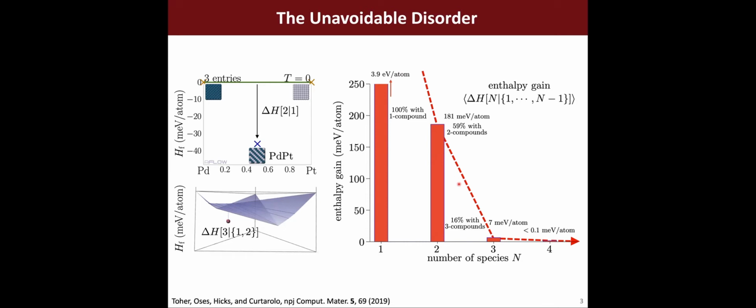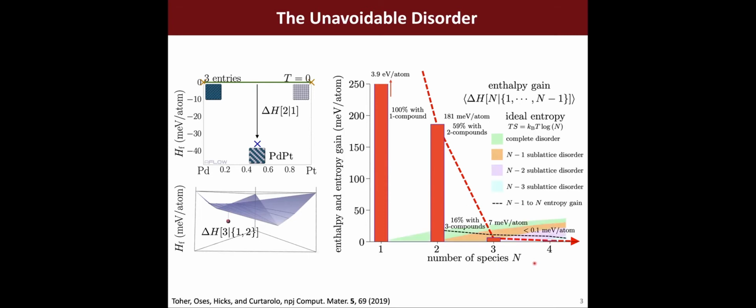The binaries set the first stage, then the ternaries now have to compete not only with other ternaries, but with the binaries as well. The quaternaries have to compete with ternaries, quaternaries, and binaries, and so on and so forth. So you see here that the enthalpy gain, this distance, on average decreases with increasing species.